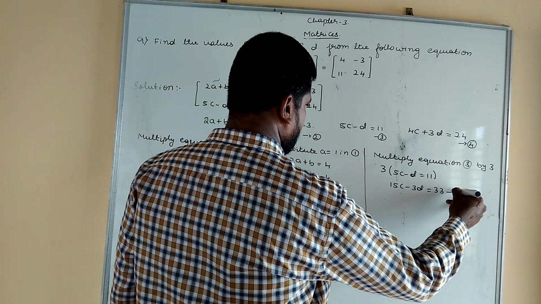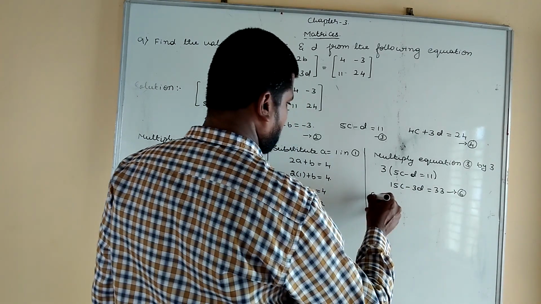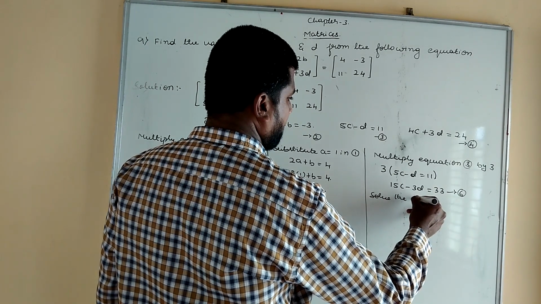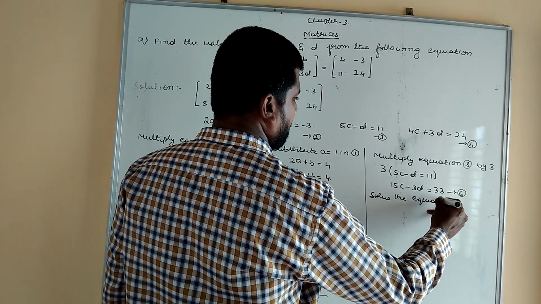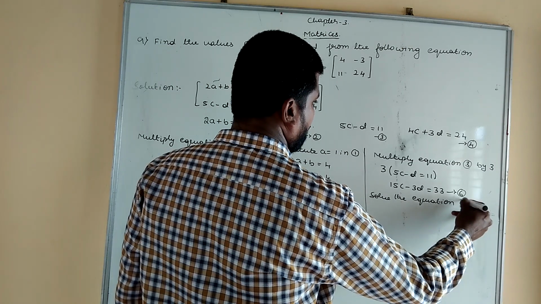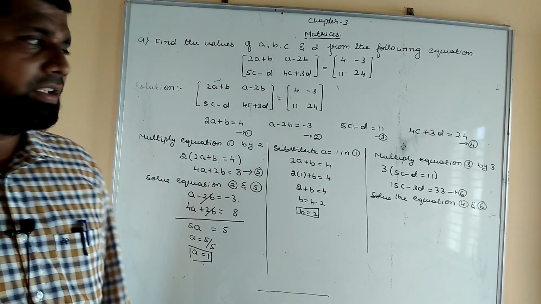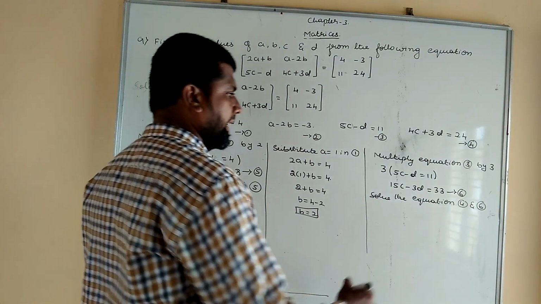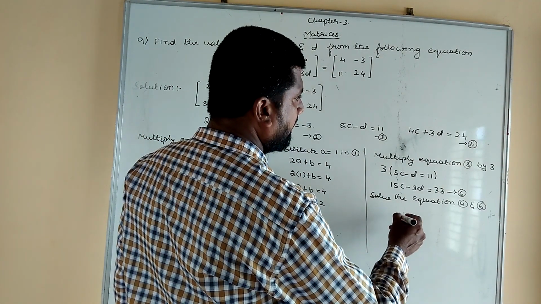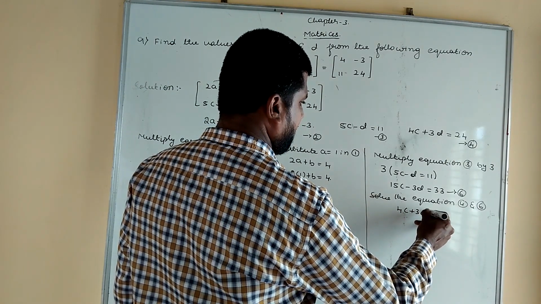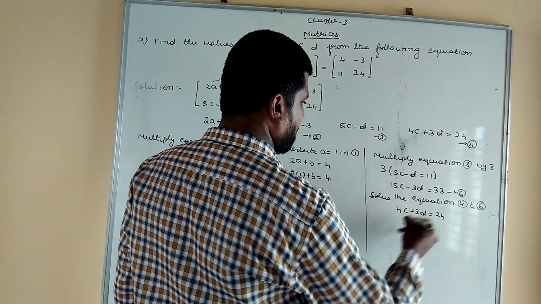This is equation number 6. Solve equations 4 and 6. By solving equations 4 and 6, we are getting one value. Let us solve this. 4C plus 3D is equal to 24.